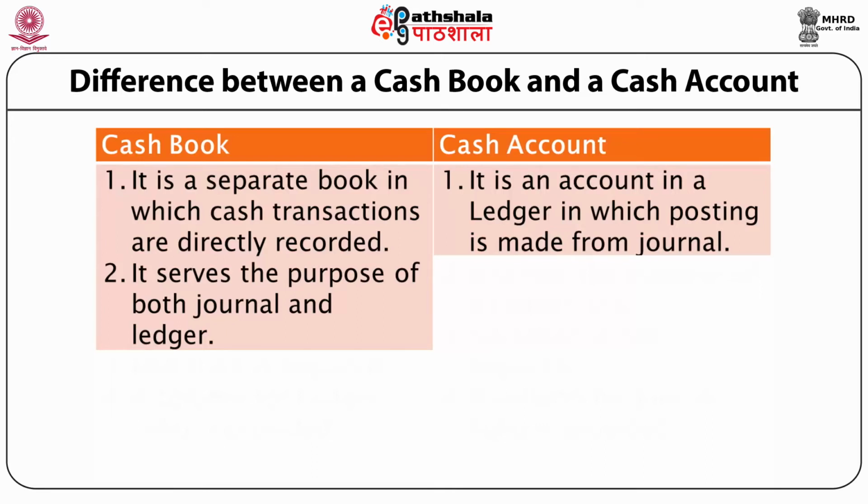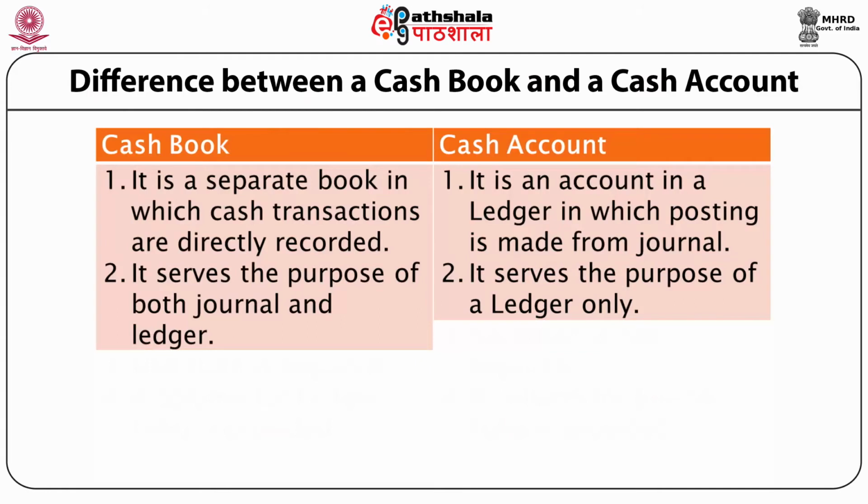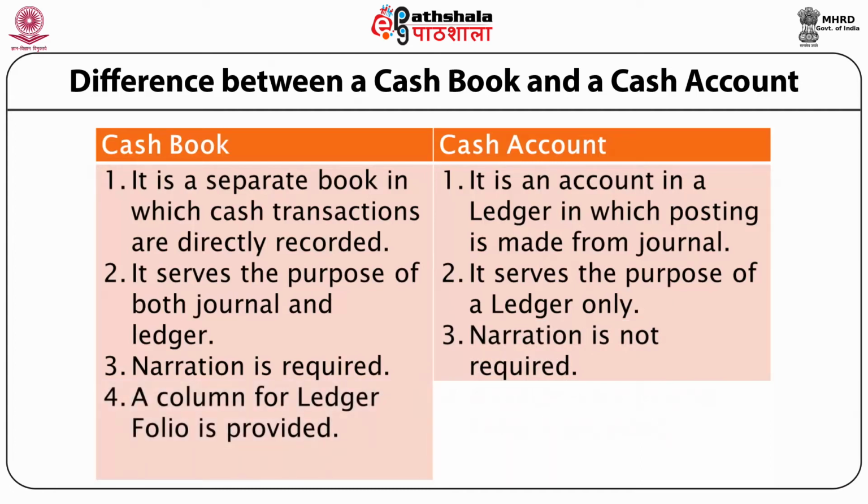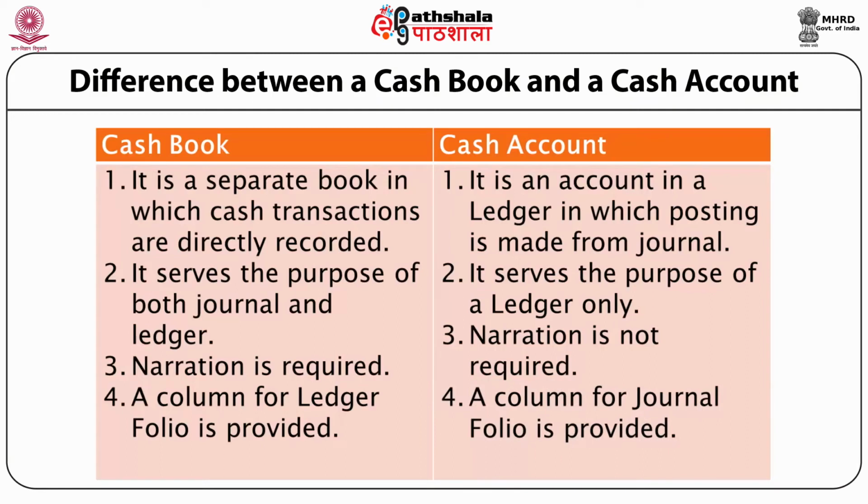Cash account: it serves the purpose of a ledger only. Cash book: narration is required. Cash account: narration is not required. Cash book: a column for ledger folio is provided. Cash account: a column for journal folio is provided.